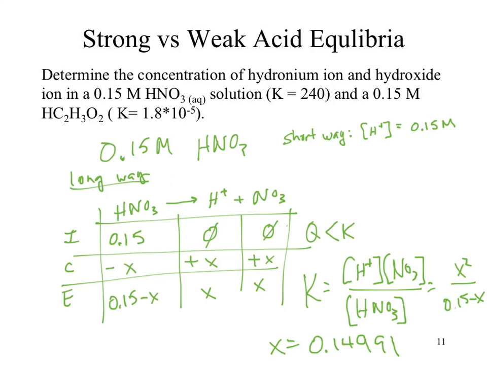Well, yeah. No, it's not. Sorry. X is not a really small number. So what we'd have to do is go through and solve the quadratic. You're right. Okay? So that would mean we'd have to 240 times this, get all our numbers onto one side of the equation, and then solve the quadratic formula for X. Okay? So a lot more work to get that X value. And I just didn't have the space to go through and show that quadratic solve.